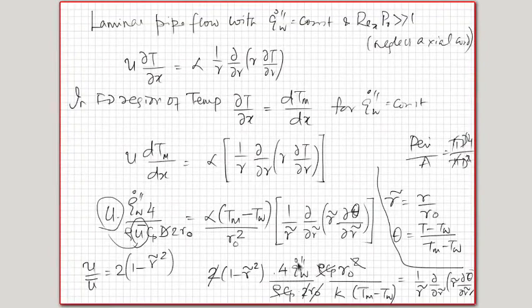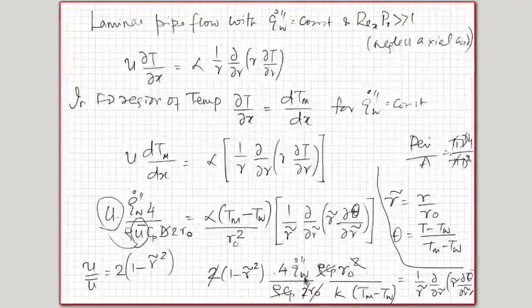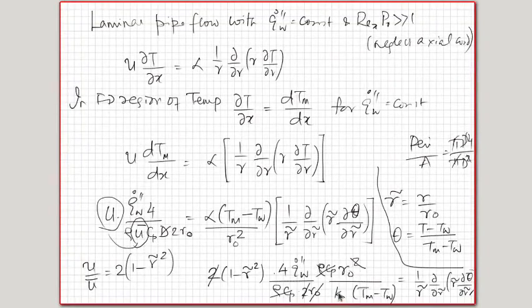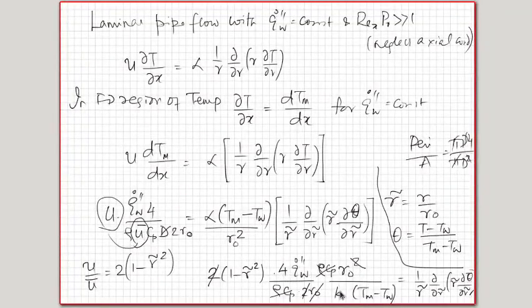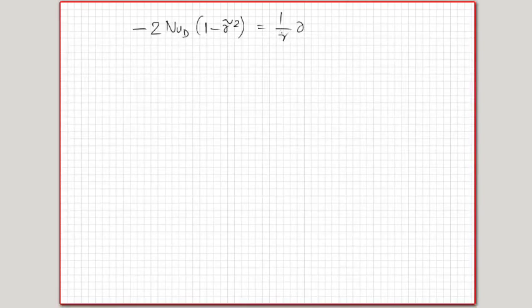This 4 is there, so this will be minus 4h r naught by k. 2 r naught I can write as D, so minus 2hD by k is what I get, multiplied by this 1 minus r tilde square. hD by k is the Nusselt number with respect to D. So I can write minus 2 Nu_D into (1 minus r tilde square) is equal to 1 by r tilde del by del r tilde of r tilde del theta by del r tilde.